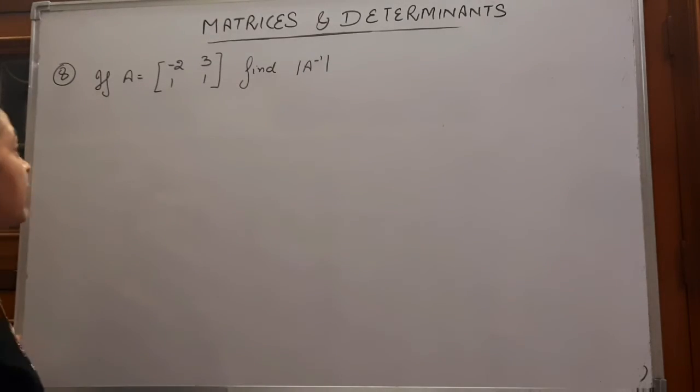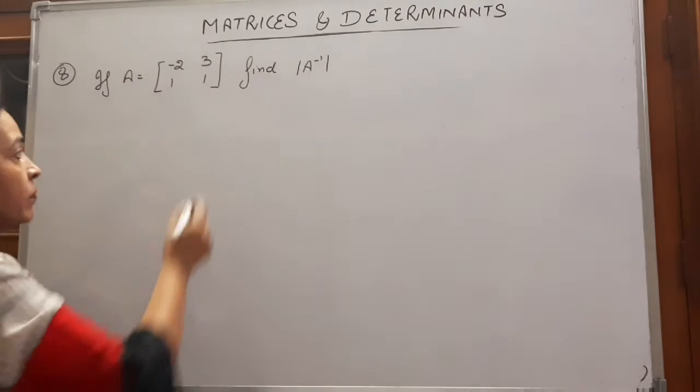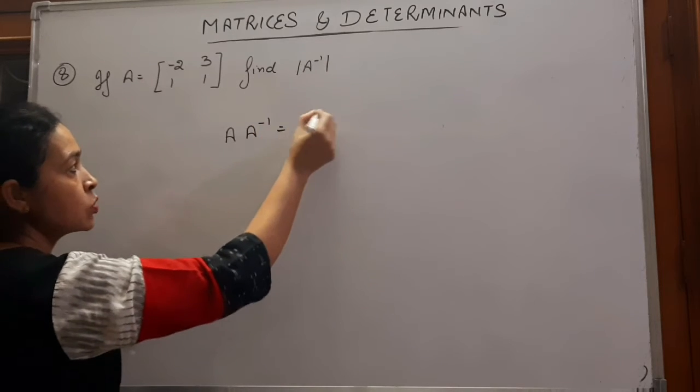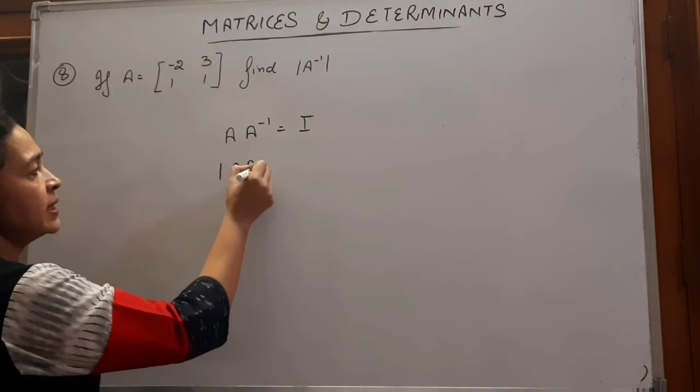In this question, we have given a matrix A. Order is 2 by 2. We have to find the determinant of A inverse. Now, how can we find the determinant of A inverse? We know A into A inverse equals I, identity matrix. Take determinant both sides.